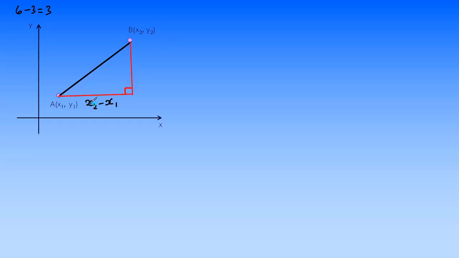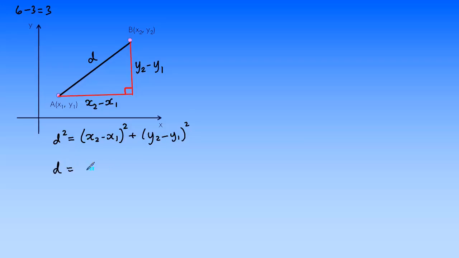In the same way, to get the vertical distance, we're going to subtract the y-coordinates. And then if we call this d, it should be clear that d squared is going to be x2 minus x1 squared, so the horizontal distance squared, add y2 minus y1 squared, and that's just Pythagoras' theorem.